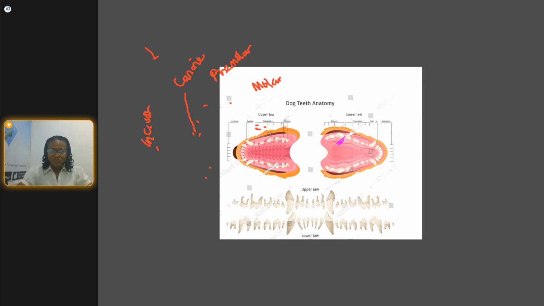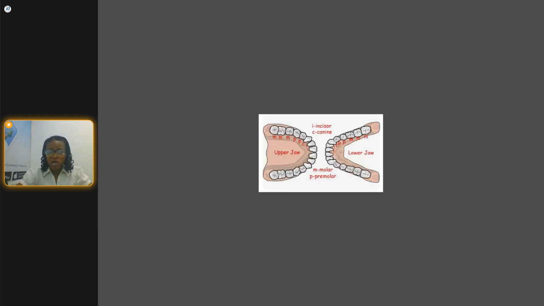All right, so we are going to be looking at sheep next. We are going to look at the sheep's set of teeth, how their set of teeth looks. They also have the incisor, the canine, the premolar and molar.